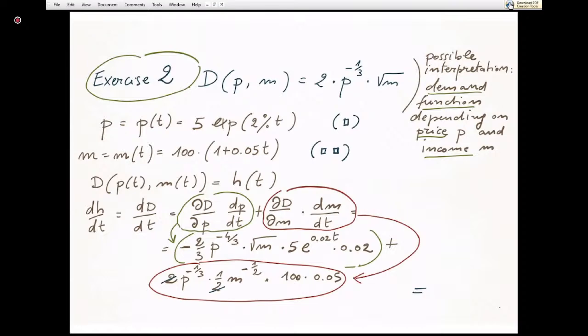Clear? Next step. There are common factors here.